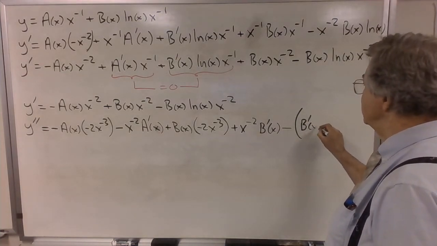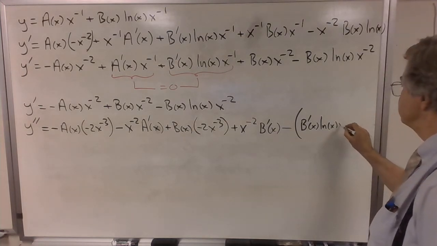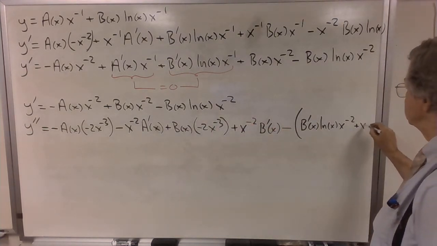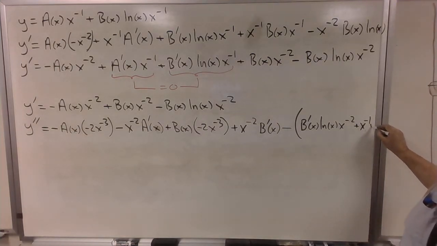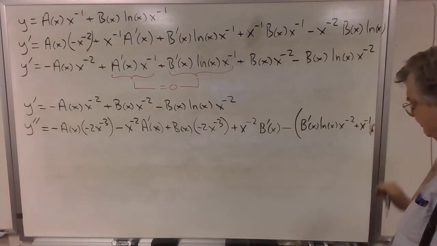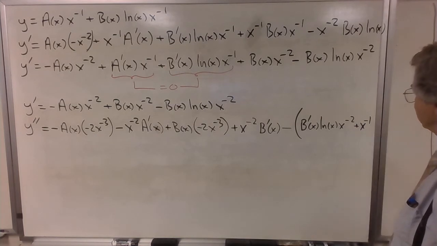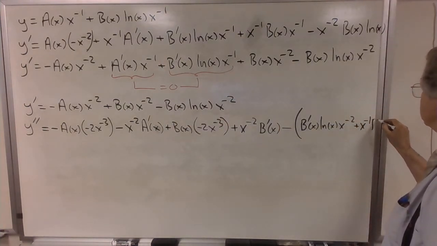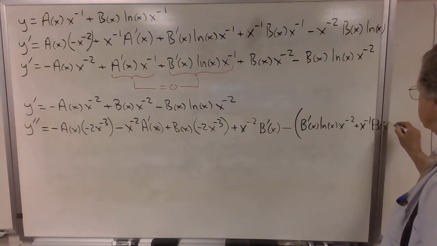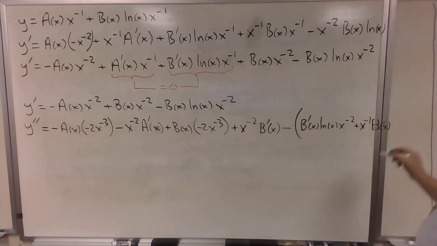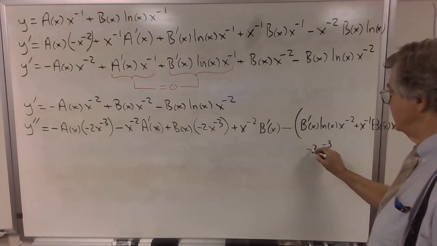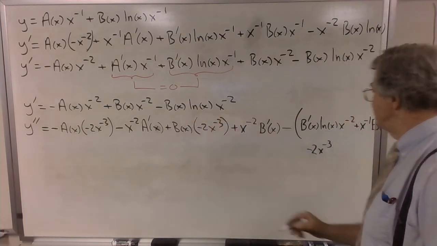So b prime times the other two, plus derivative of the second, x to the negative 1, times the other two, derivative of the second times the other two, b of x, times x to the negative 2, and then derivative of the third times the other two, b of x natural log of x.